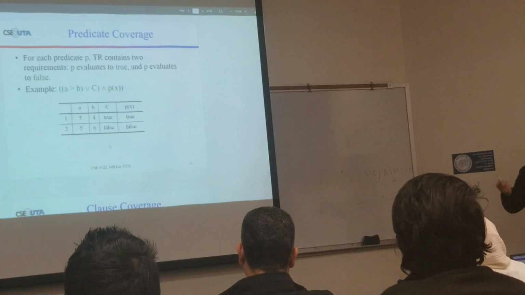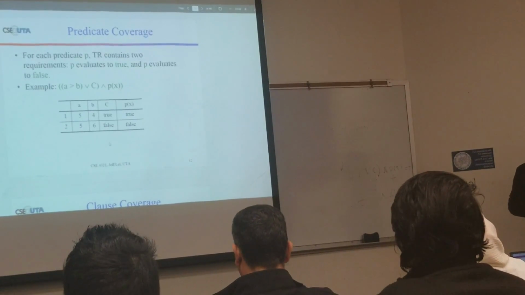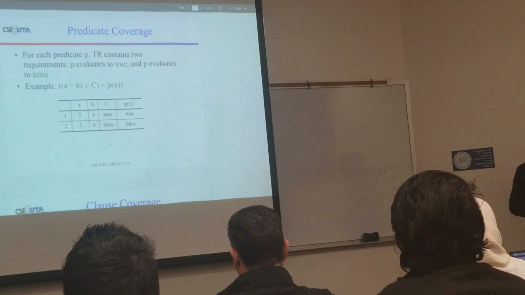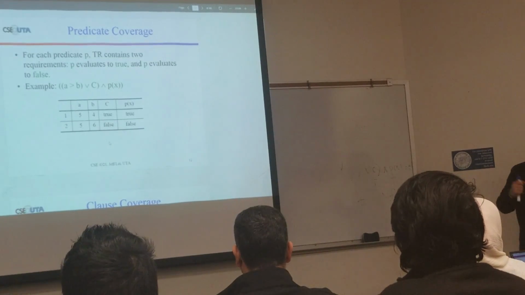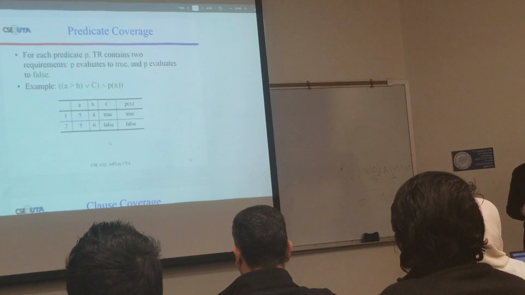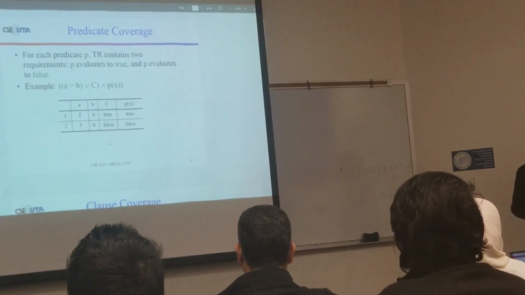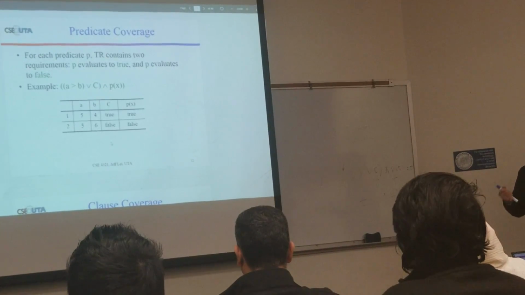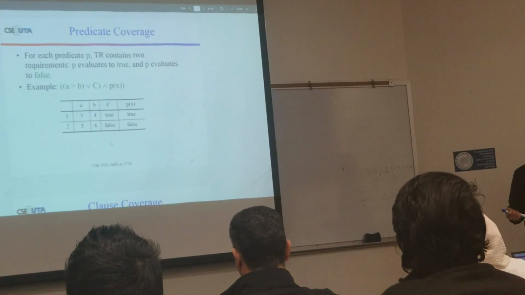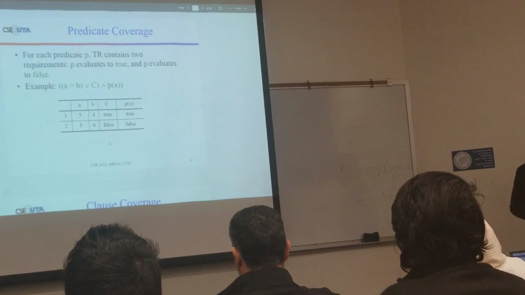Even though I can tell you that if you talk to people in industry, in many cases they don't even achieve edge coverage. Okay, because many people still do ad hoc testing. They do not really track coverage. If they could achieve code coverage, that's pretty good in practice.